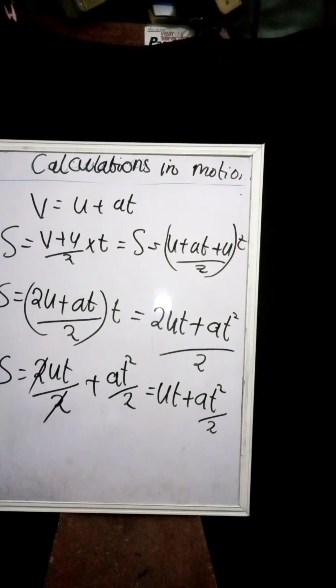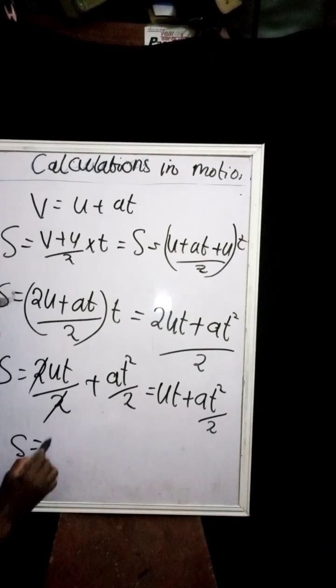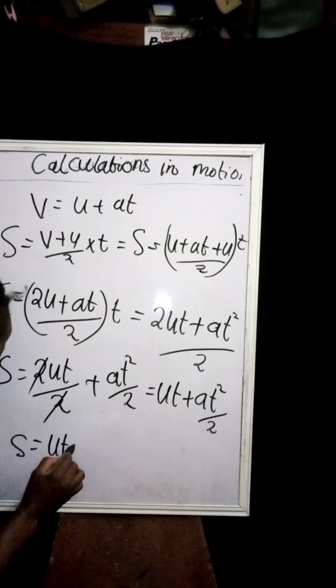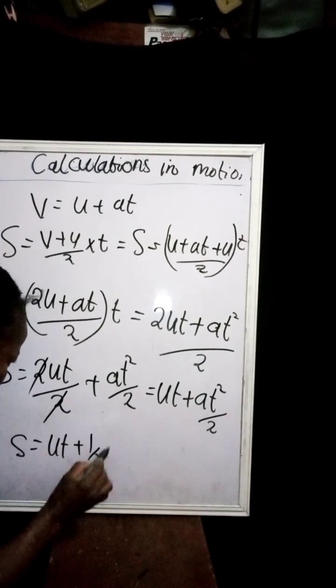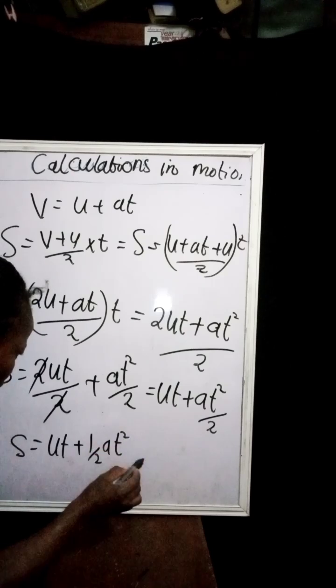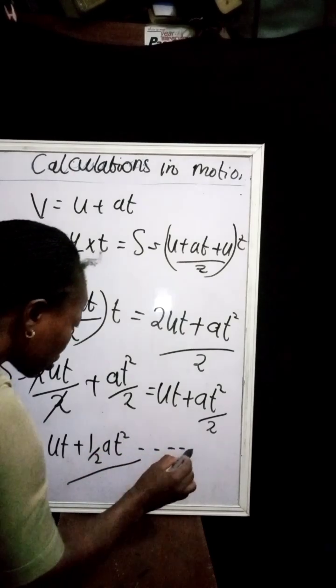So this means that now s is equal to ut plus half at squared. That is equation 5.